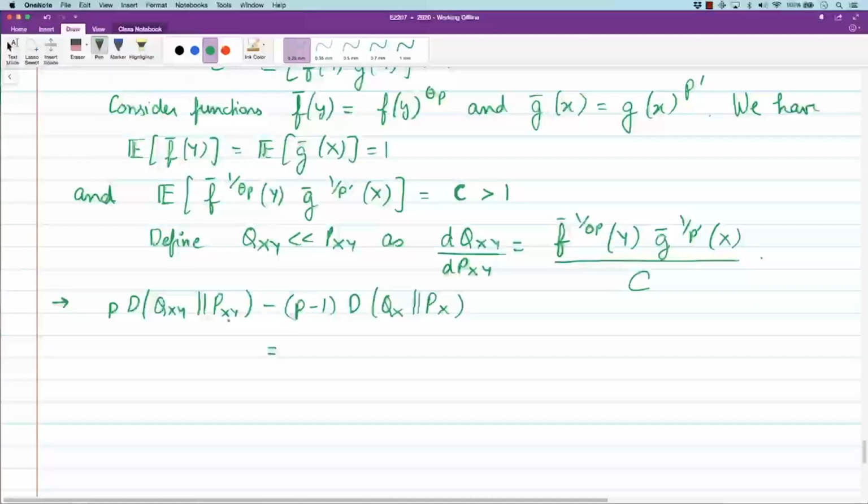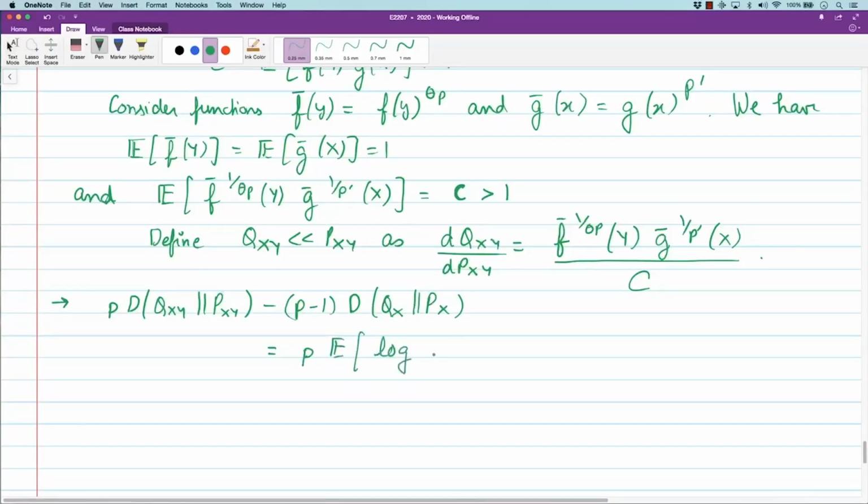This is equal to p times the expected value of log of this term, so log of f bar(y) to the power 1 by theta p.